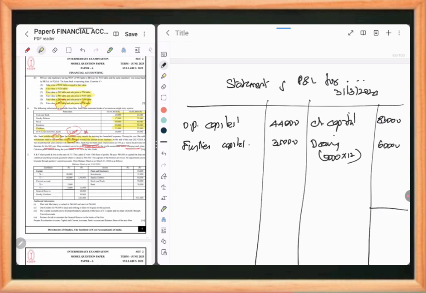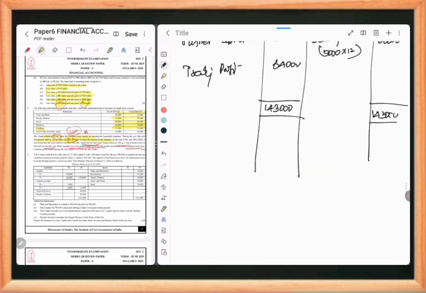So balance 1,43,000. So 1,43,000 minus 44,000 minus 35,000, so 64,000. So this is the trading profit.